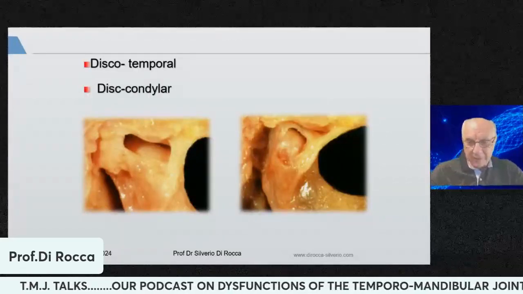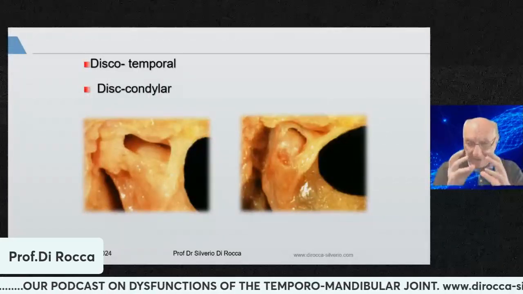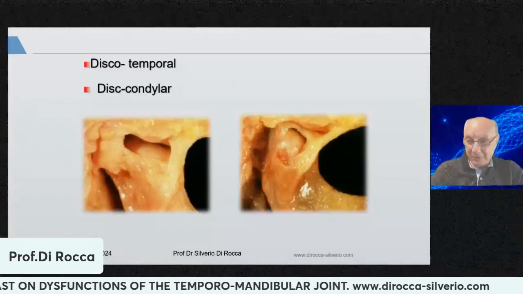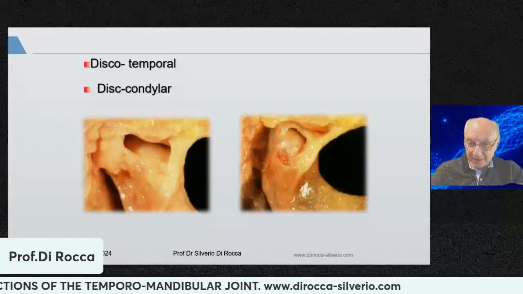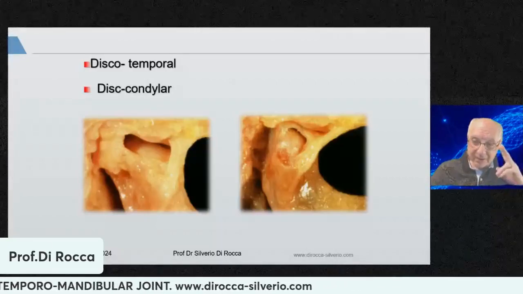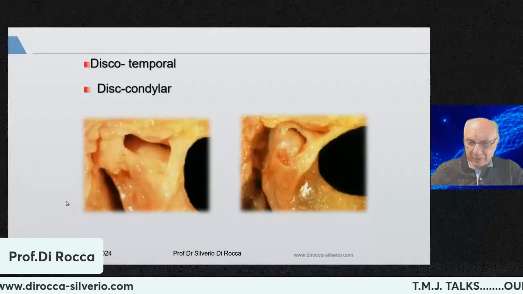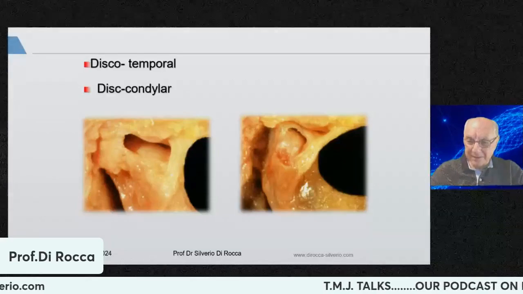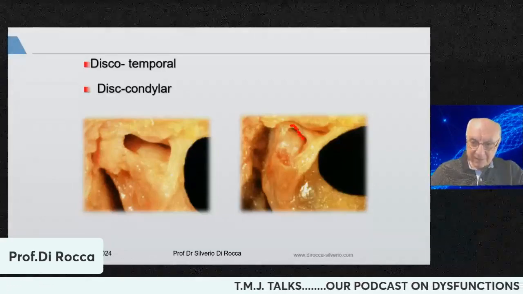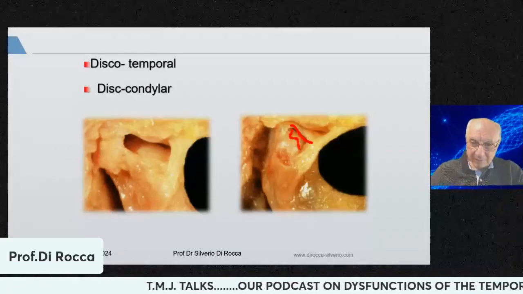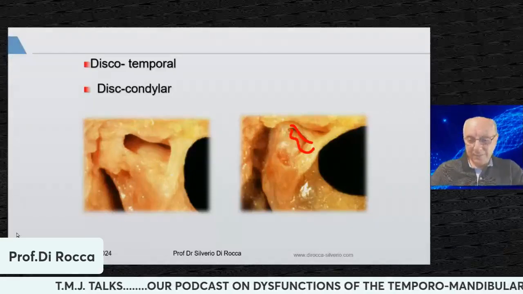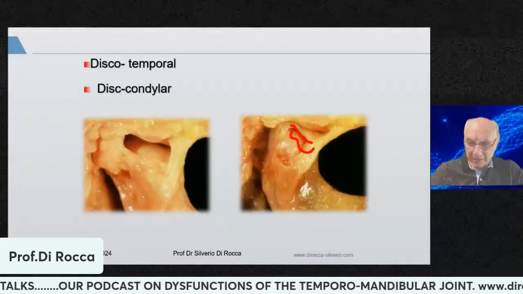Inside this particular joint, we have a disc which is divided in two parts. One part is the upper part here and the other is the lower part. Why do we have a disc?